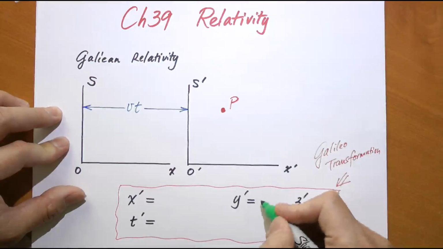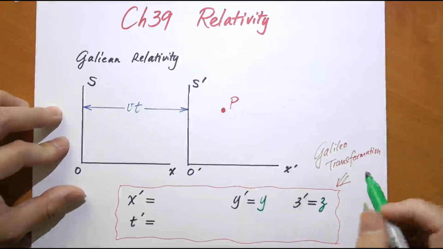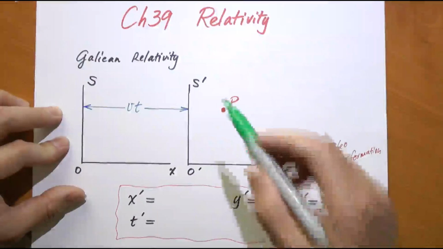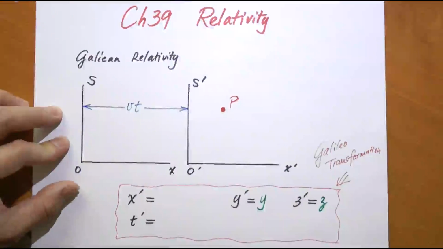So in other words, y prime equals y, z prime equals z. Again, y prime is its y coordinate measured in the S prime frame for this particle P.